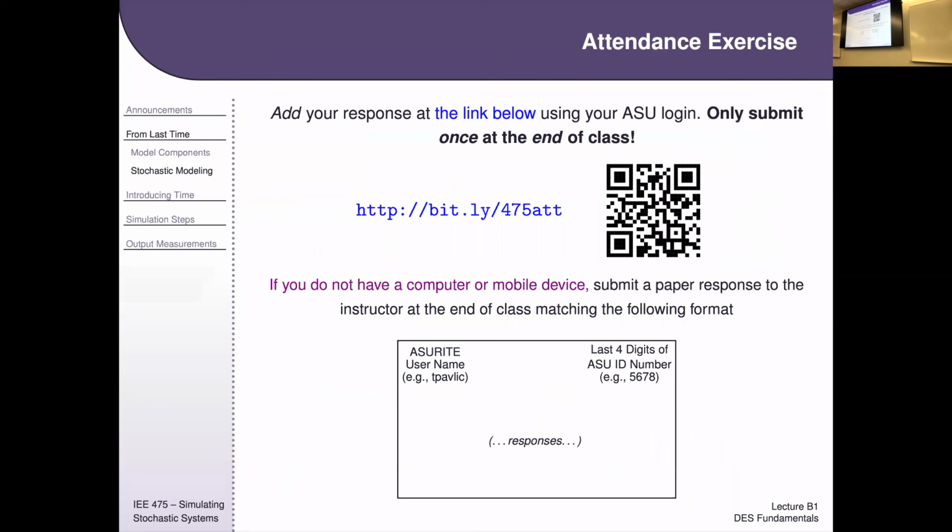All right, let's do a quick attendance question. You can either go to the URL, which I can try to type in the chat for those online, or you can go to the QR code.